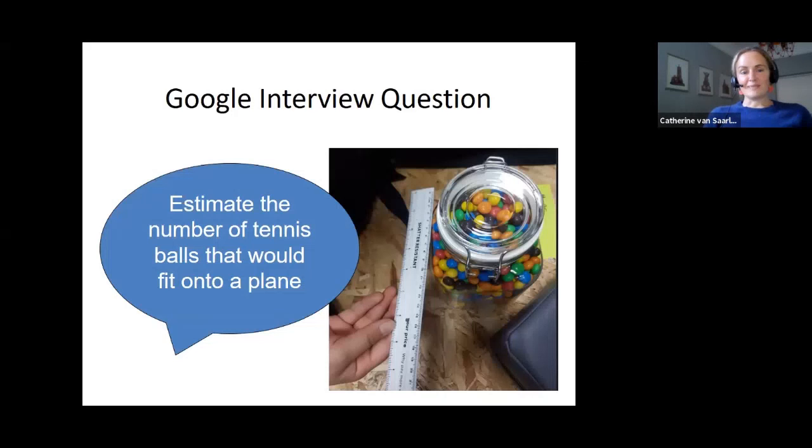This question is apparently one that Google asks at an interview: estimate how many tennis balls would fit onto a Boeing 747. And obviously, it's the same kind of skills. Sweets in a jar, and sweets get people over. I'm not shy about using those tools to drag people over to speak to me.